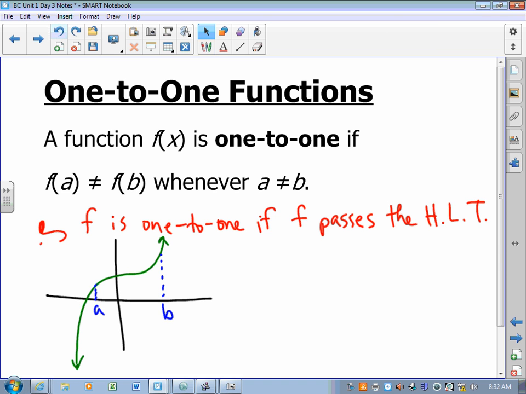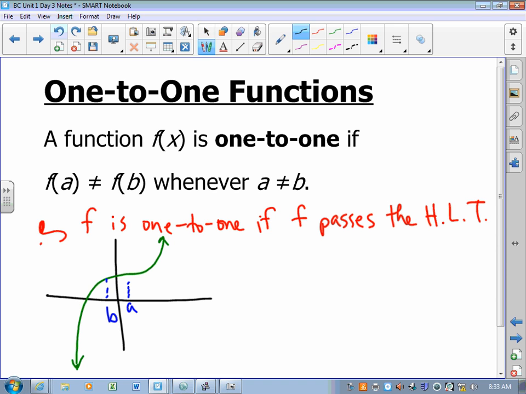If we move our a and b around, you can see that no matter where a and b are, f of a and f of b will be different.